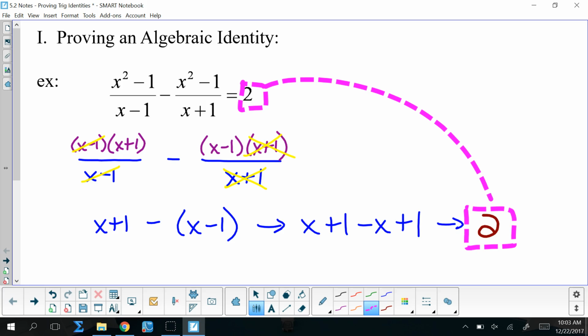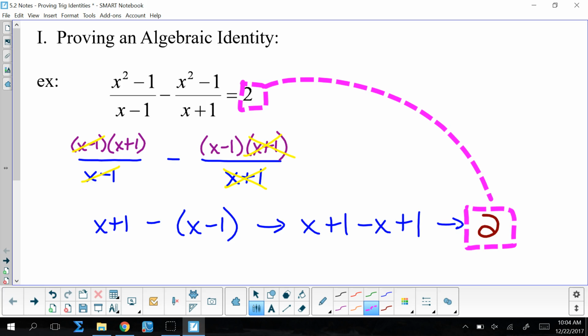So today, I'm going to give you the starting point. I'm going to give you the ending point. It's your job to fill in the middle part. I know what the problem is. I know what the answer is. You've got to just show all the work to bridge the gap.